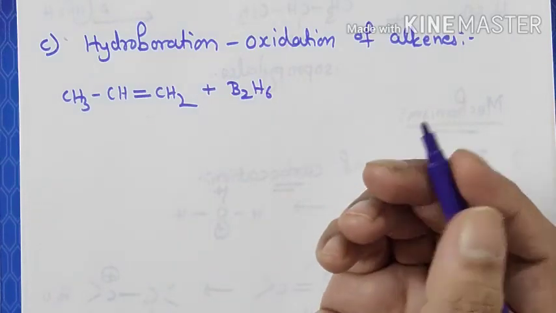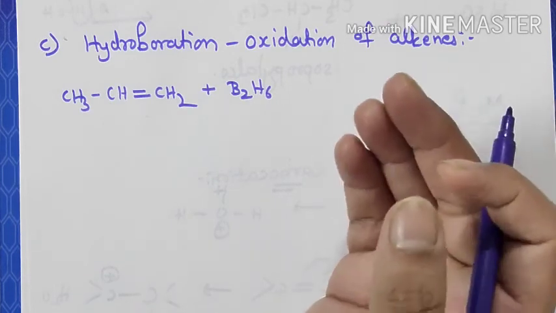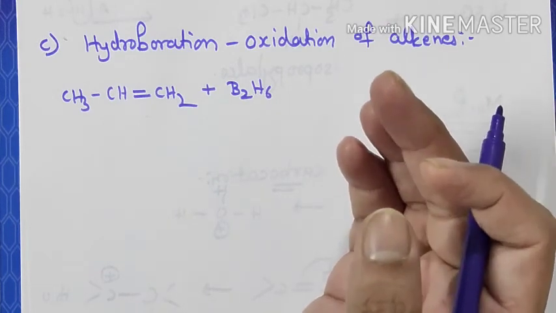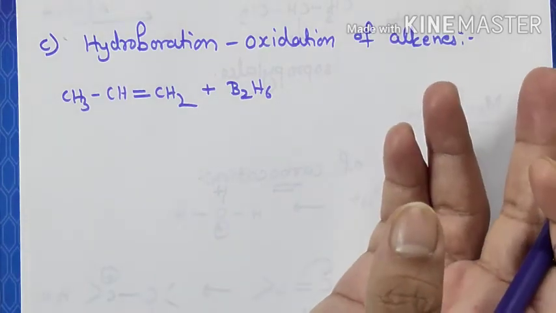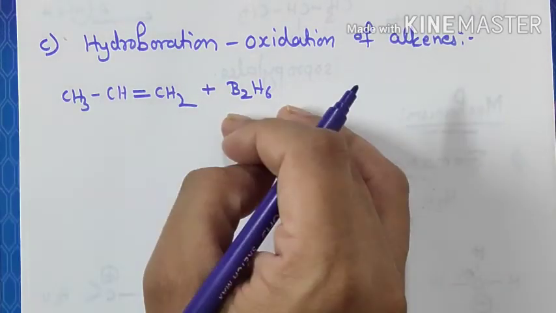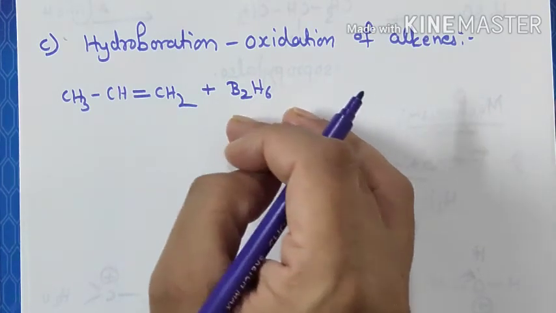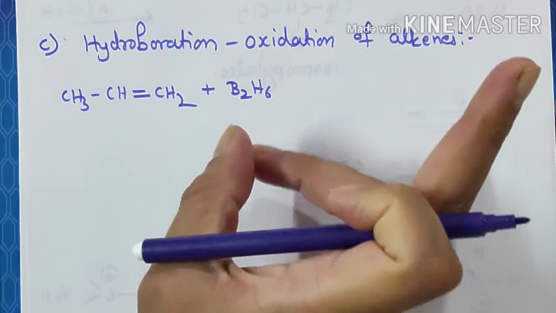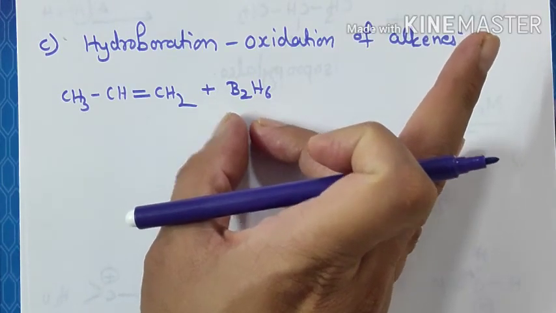Remember? BH3, two molecules of boron hydride combine to form a dimer, diborane. You might have studied this structure, and it is very important in 11th standard. You have studied this, student. So this reacts with diborane.